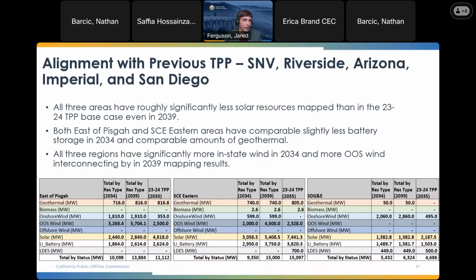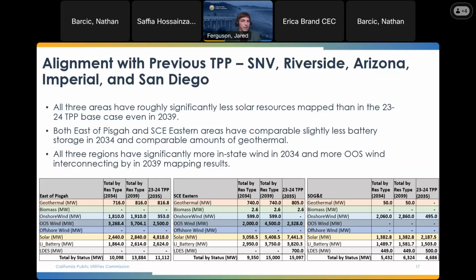In the other half of the Southern California area, I'm sounding a little bit like a broken record, but again, it's the amount of solar resources. In both the East of Pisgah area and the SCE Eastern area, you have in 2034 about half as much solar and about 1 gigawatt less battery in both areas. By 2039, the battery amounts are roughly similar, but they still have significantly less solar.